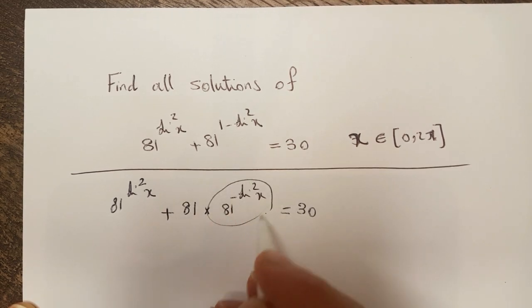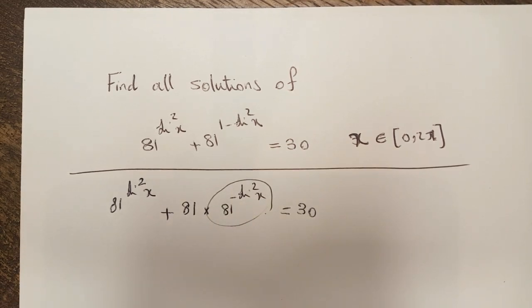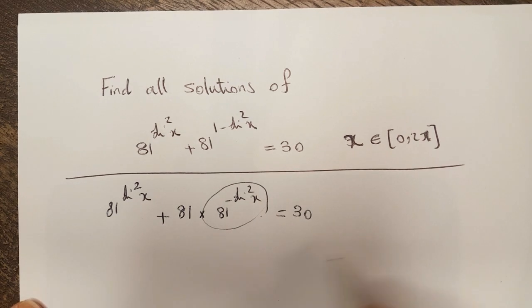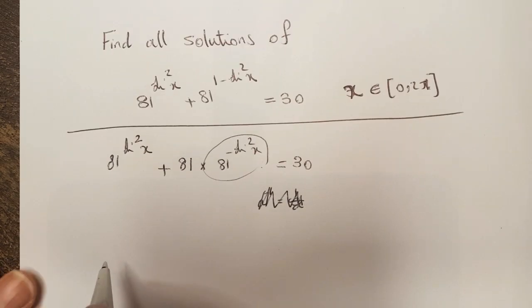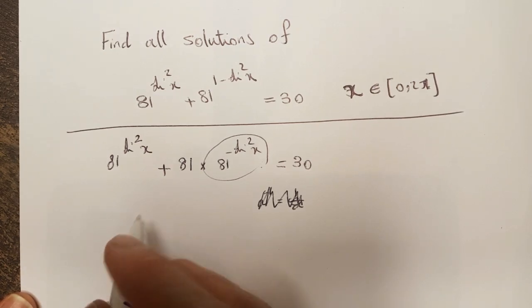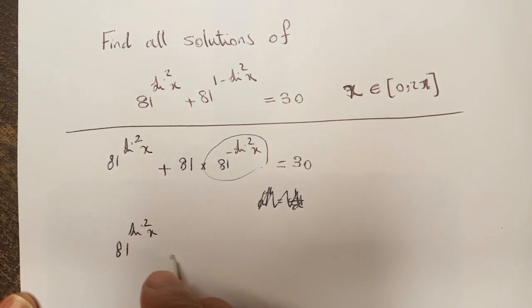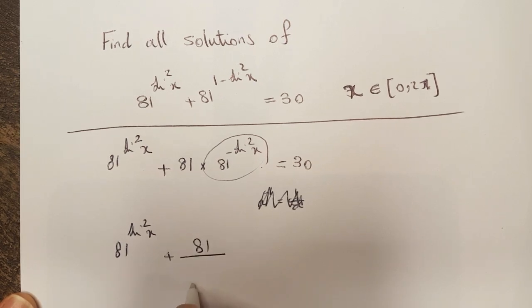So we know that any number to the power of a negative term can be rewritten as, for instance, a to the power of minus 1 is going to be rewritten as 1 over a. So basically it reverses the numerator and denominator. So we can rewrite this equation as 81 to the power of sine squared of x plus 81 over 81 to the power of sine squared of x equal to 30.